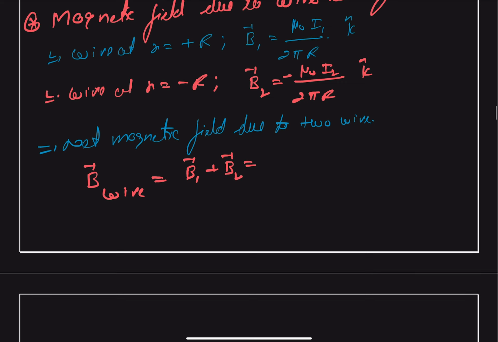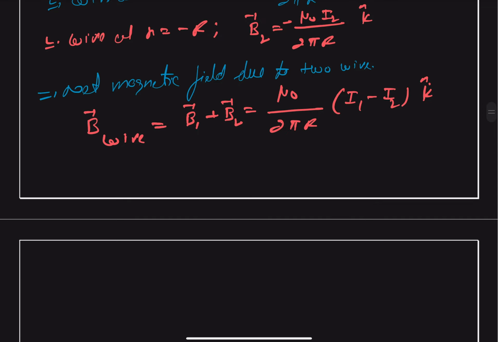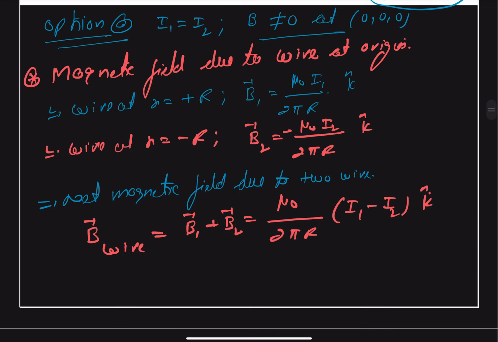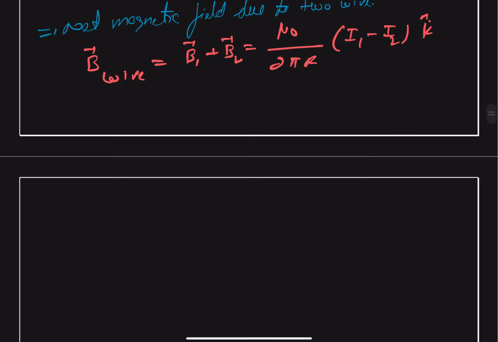We substitute, only difference is in the current, and with negative sign they will be there. So we can write mu naught upon 2 pi r, and here we can write (I1 minus I2) and our k unit vector. And we satisfy the given condition which states that I1 is equal to I2. So for I1 equal to I2, the magnetic field because of the wires will be equal to 0.